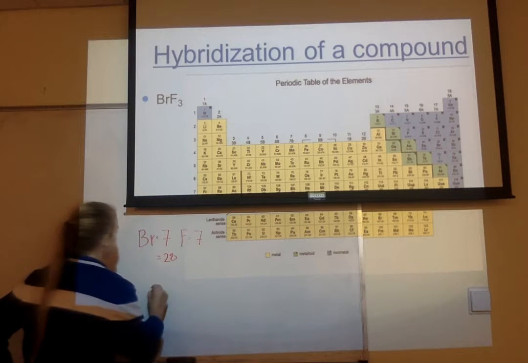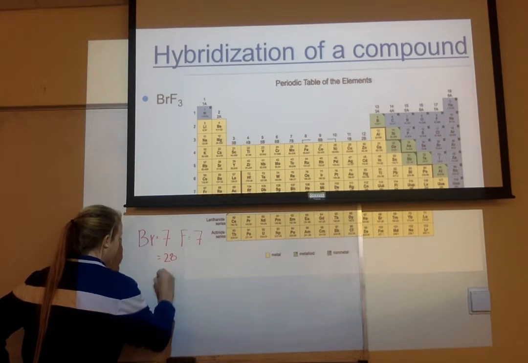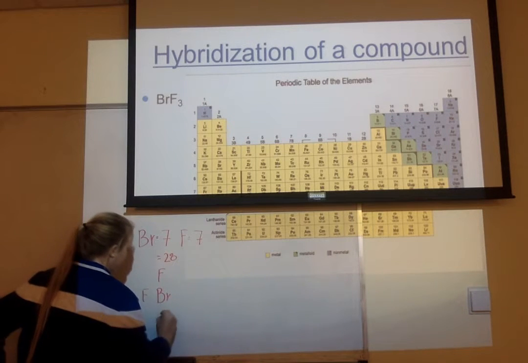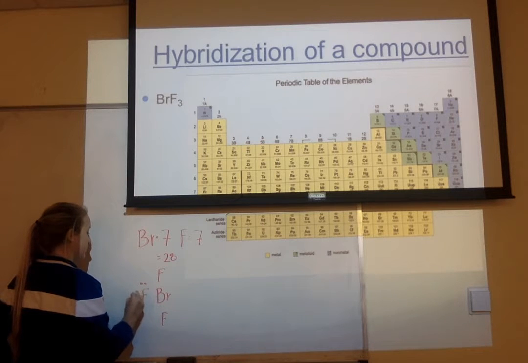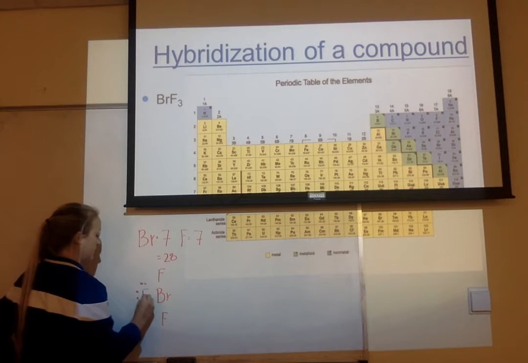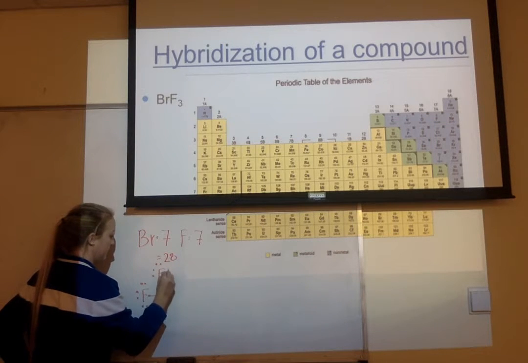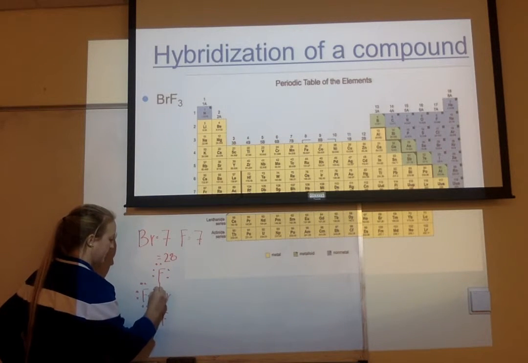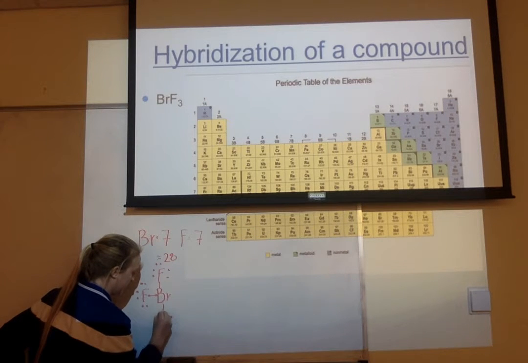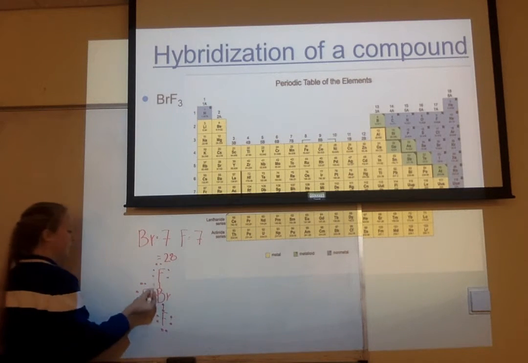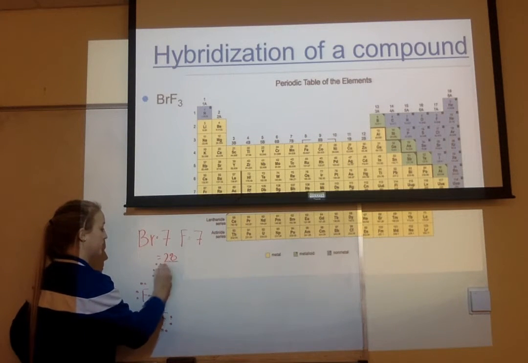Now you're going to draw the Lewis dot structure again with Br as your central atom, and fluorine, and fluorine. Fluorine contains 7. It's going to share 1 with bromine on every single one. Bromine can contain more than 8 electrons.